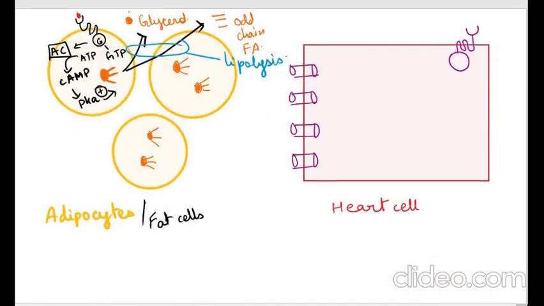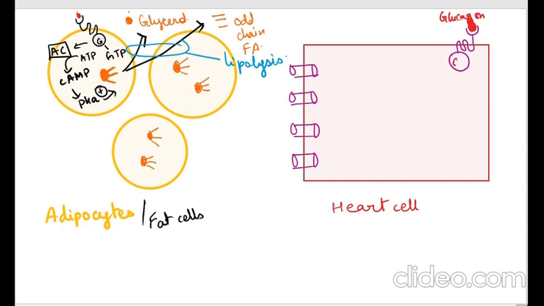Now this one, the heart cell. So what happens in the case of a heart cell? Within the heart cell, because of the presence of glucagon, glucagon will come and bind out here.